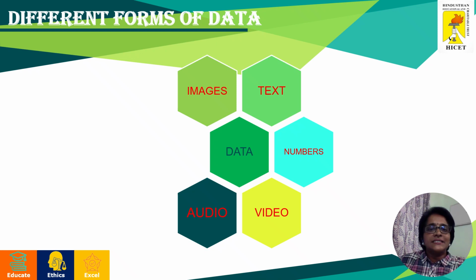Next is text data. This type of data includes words, sentences, and paragraphs, often represented as strings of characters. Textual data is the most commonly used representation in natural language processing tasks such as sentiment analysis or chatbot conversations.